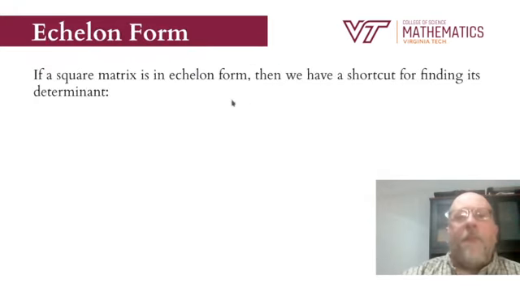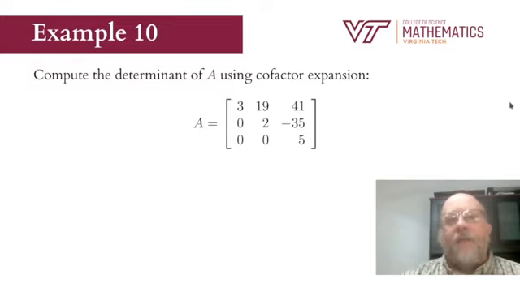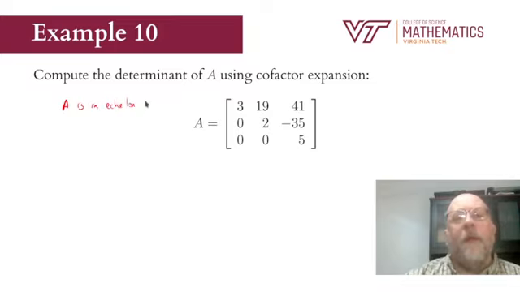If a square matrix is in echelon form, then we have a shortcut for finding its determinant. And let's see that. So let's calculate the determinant of this matrix. Now this matrix is in echelon form, which means the bottom row looks really nice because of all those zeros there.